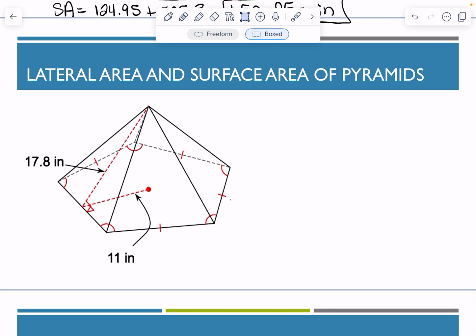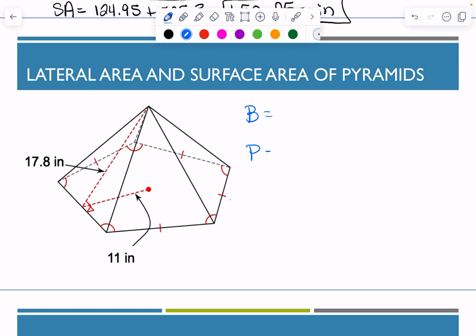Now, when we look at this next one, we have a pentagonal pyramid. It's irregular, so we're going to have to do a little bit of work. First thing I'm going to do is try to figure out what I have and what I need. I'm going to start off with my base.